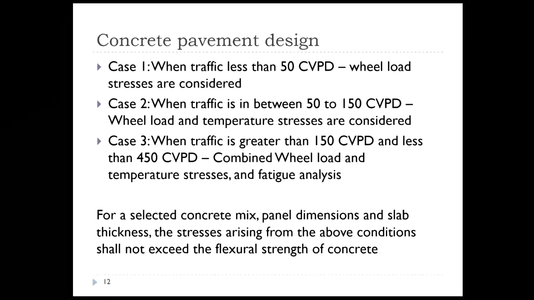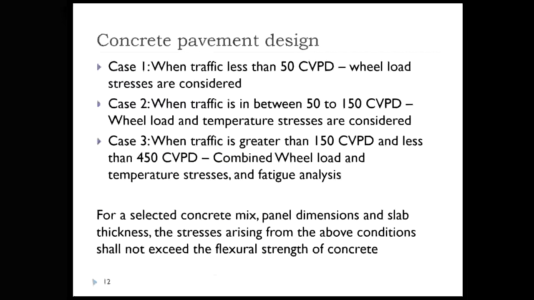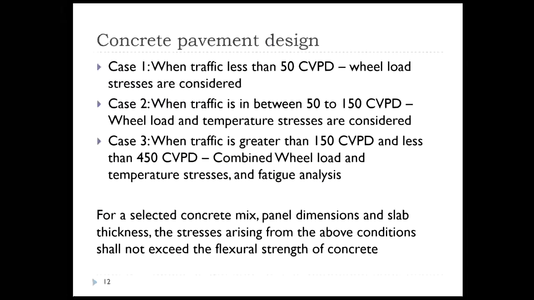Case 2 is when traffic is in between 50 to 150 cvpd, where wheel load and temperature stresses are considered. Case 3, when the traffic is greater than 150 cvpd and less than 450 cvpd, where we analyze wheel load stresses, temperature stresses, and we also do what is referred to as fatigue analysis.